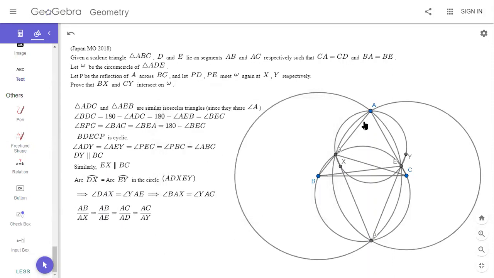So then ABX and ACY are similar, and then a spiral similarity takes one to the other. I'm just thinking how to write this.